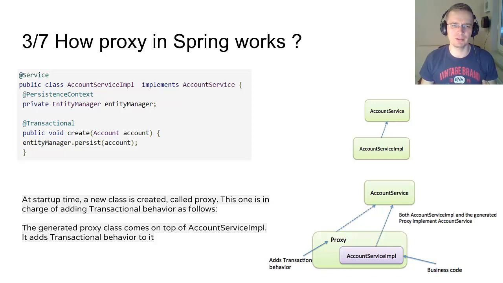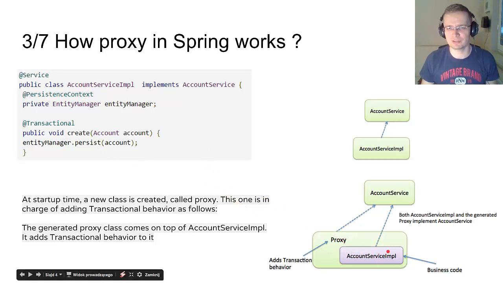This class is in charge of adding the transactional behavior. So we have the generated proxy class, which comes on top of the account service implementation, and it adds the transactional behavior.